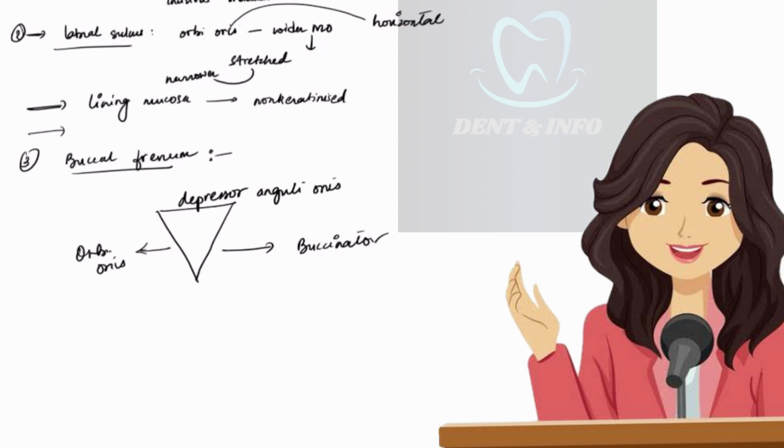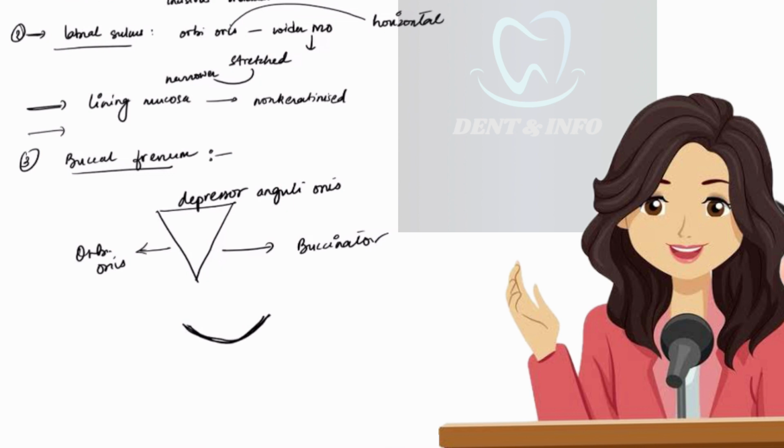Together they pull the frenum in 3 different directions. So you need to give a wider concentric relief for your buccal frenum. Otherwise there is a good chance of dislodgement. I'll show you exactly. This is how the concentric relief for buccal frenum is prepared, right?